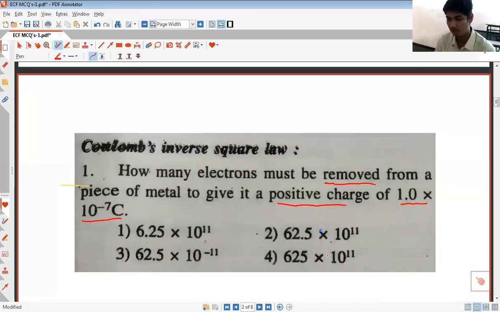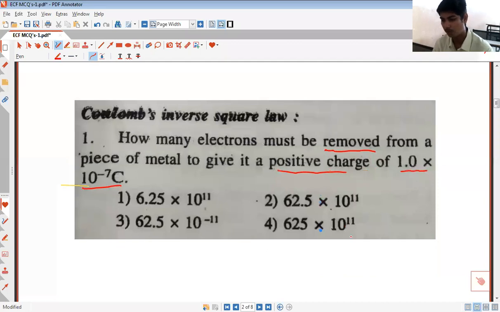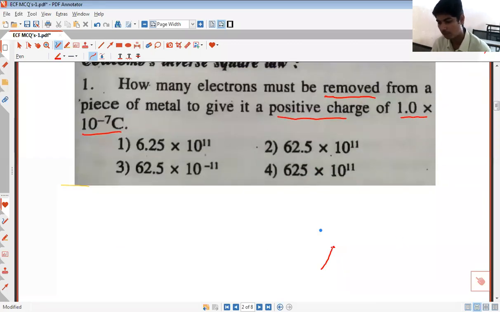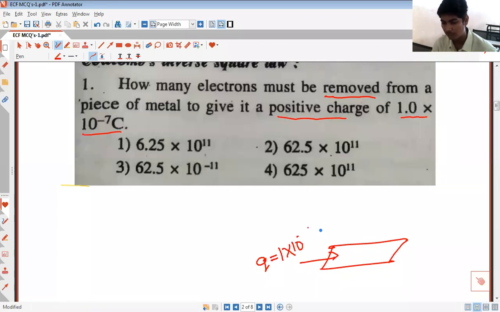Right? We'll solve it. According to the problem, there is a body here. Let us suppose this body is electrically neutral. Now I need to give this body a charge of 1 into 10 to the power of minus 7 coulomb.